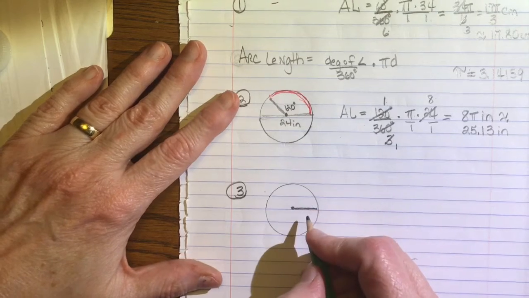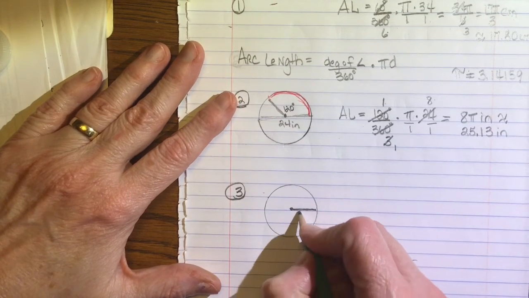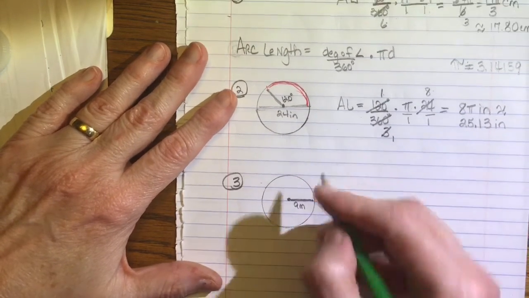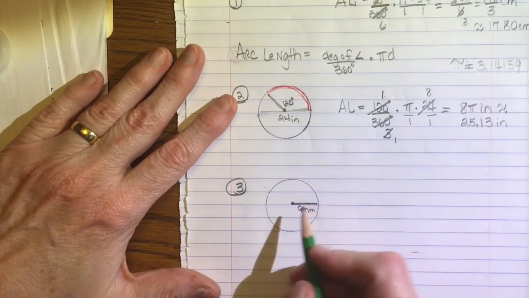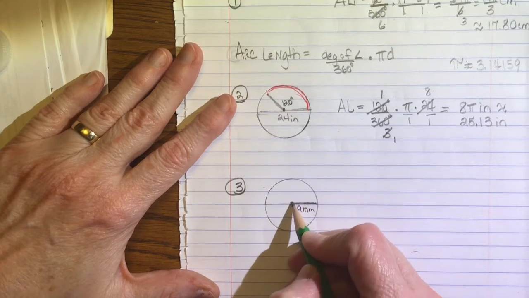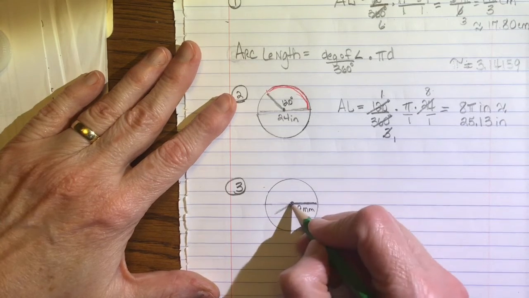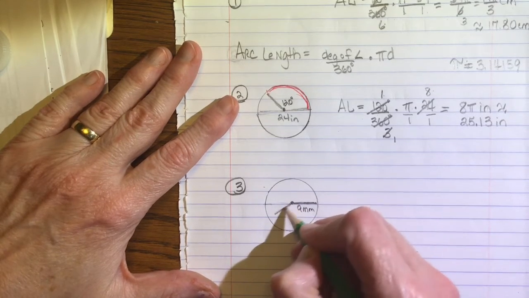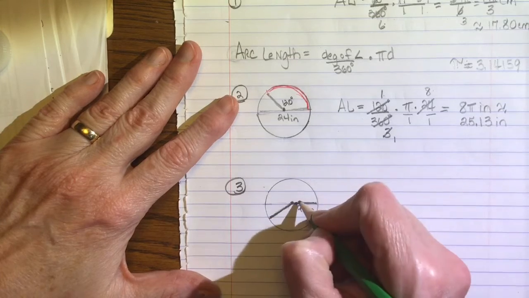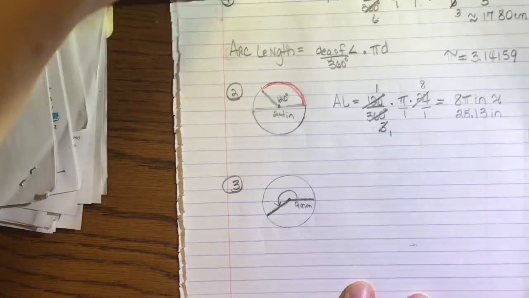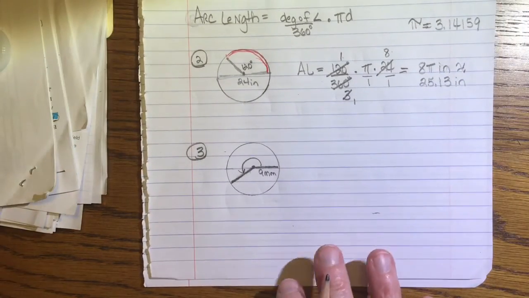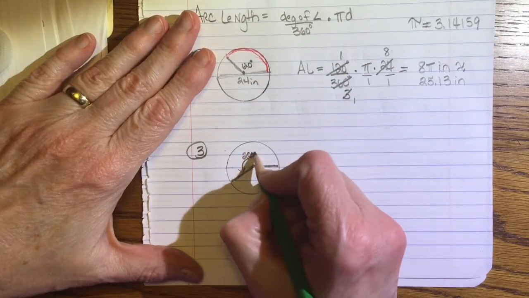And we're going to let the radius be 9 millimeters. And we're going to use a 200 degree angle. Well, if 180 is here, 200 is going to be somewhere in this vicinity. And they'll usually put a little arrow to show you where they're talking about.